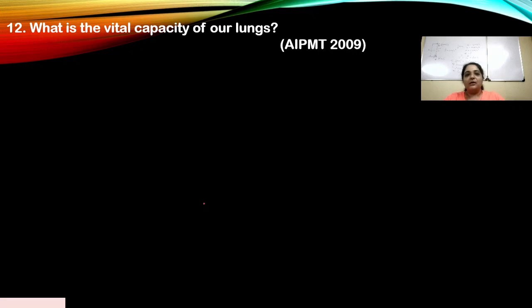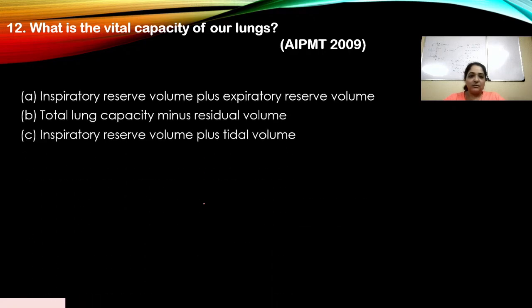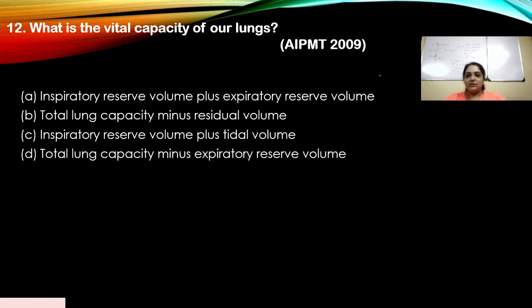Okay, what is the vital capacity of our lungs? Let's look at our options. This question appeared in the year 2009. What is the vital capacity of our lungs? Option A, inspiratory reserve volume plus expiratory reserve volume. No, that is not the right answer.